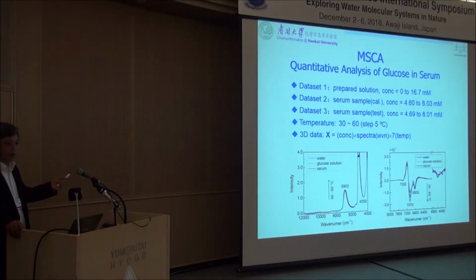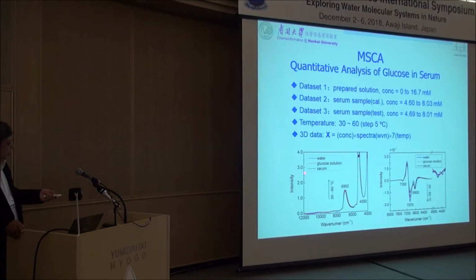These samples were collected from the hospital, and data set 3 is also obtained from serum samples, but collected at a different time. And the spectra were also measured in this temperature range. And we get a 3D data matrix. One dimension is concentration, one dimension is the wavelength or wave number, and the third dimension is the temperature.